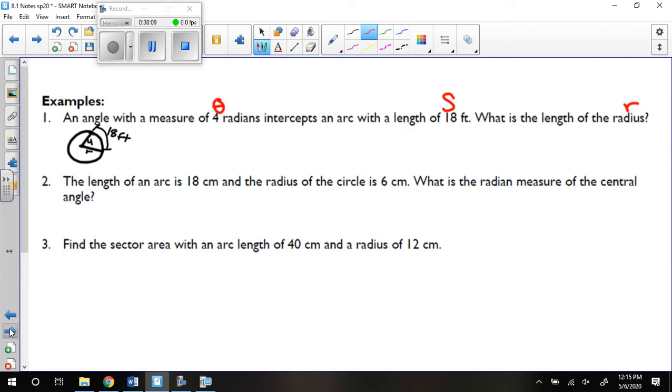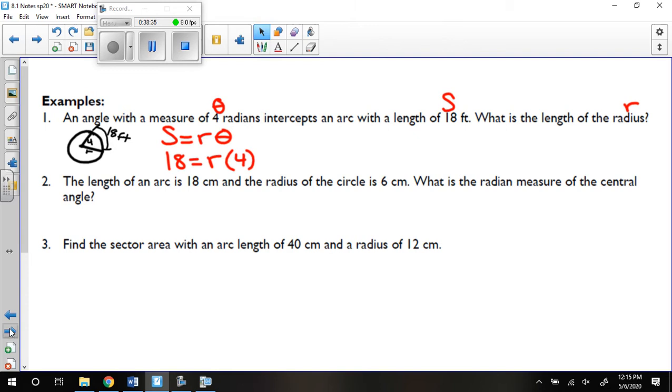I'm just going to write the formula. s equals r theta. This is our new arc length formula when we're in radians. So let's plug in what we have. We've got 18 for our arc length. We're trying to figure out r for our radius, and our angle measure is 4 radians.